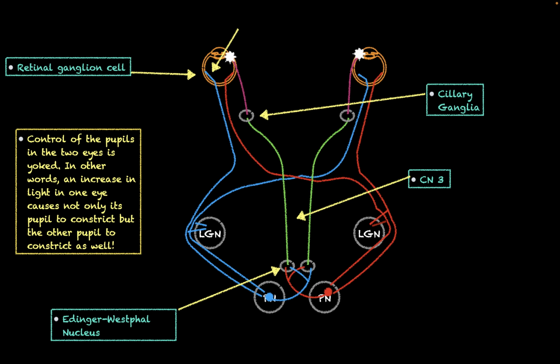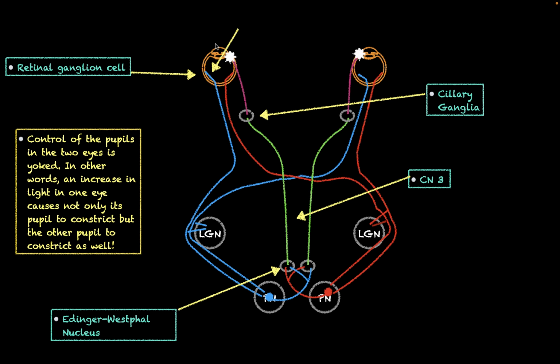So the pupillary light reflex is basically saying that the response to ambient light is going to be yoked. In other words, what this means is that an increase in light in one eye causes not only its pupil to constrict, as we see right here, so we had light only coming in through the left eye, which causes this pupil to constrict, but it also causes the other pupil to constrict as well.